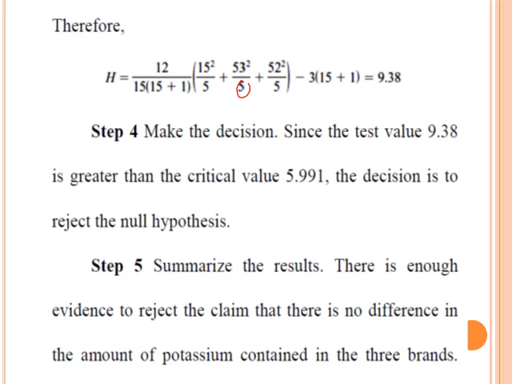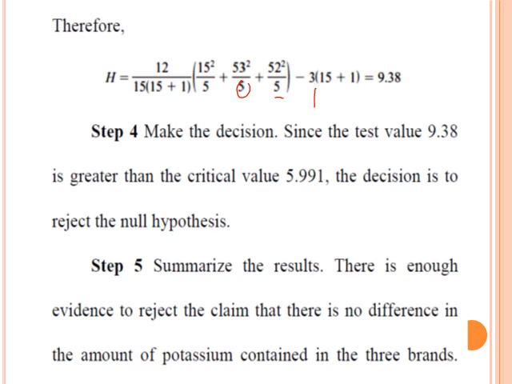Finally, R3 squared, the sum of the ranks for brand 3, equals 52 squared over the sample size for brand C, which equals 5.